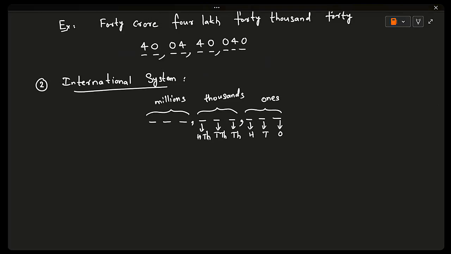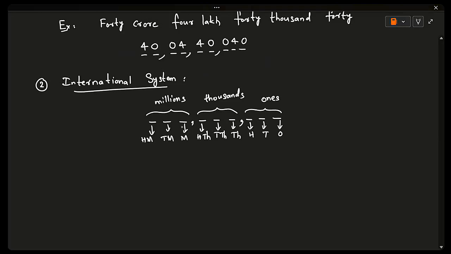We call this place lakhs in the Indian system, but there are no lakhs in the international system. In the international system we call it 100,000s. That means 100,000 and 1 lakh are both the same. Next, coming to millions, this is the 1 million place, this is the 10 millions place, and this is the 100 millions place. Comparing the Indian and international systems, 1 million is equal to 10 lakhs.